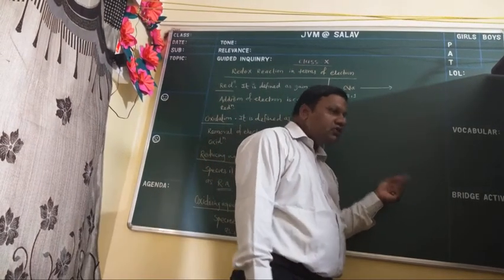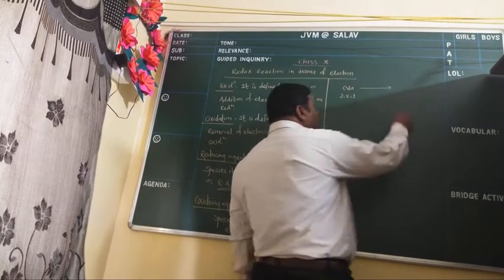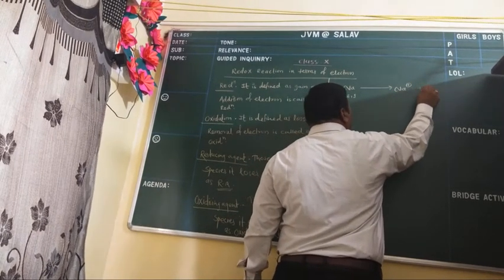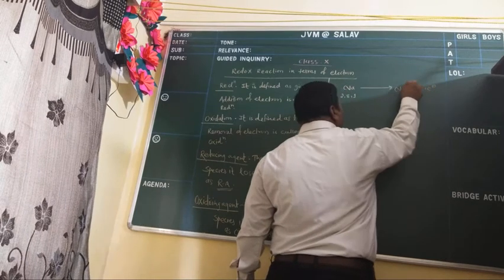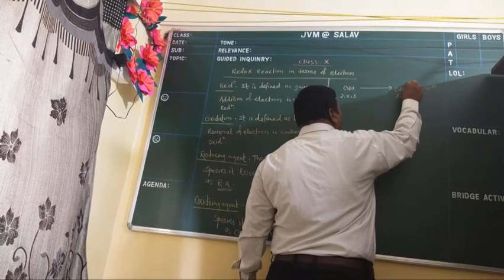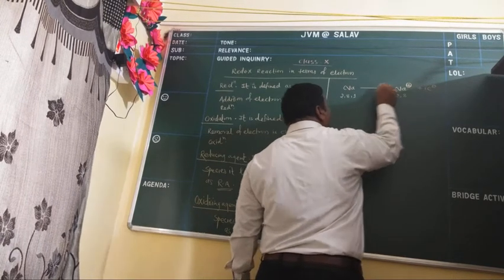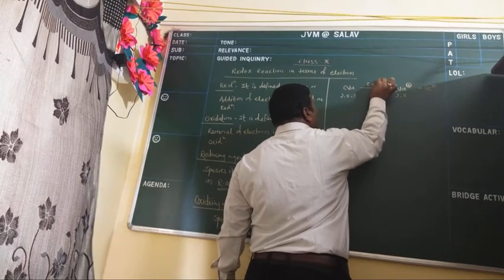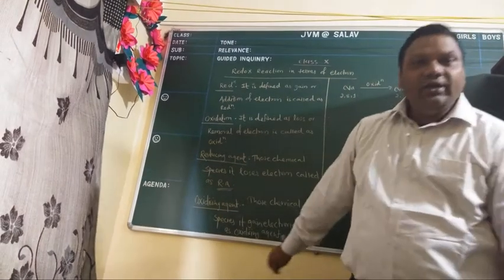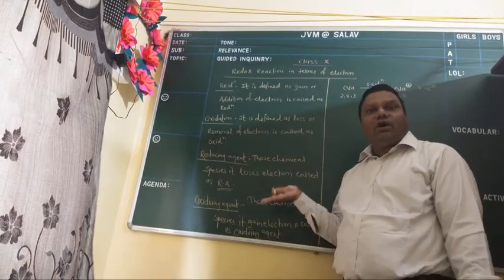So here sodium loses an electron, therefore it carries one positive charge. Understood? So when sodium loses an electron, it's called oxidation. Now you know very well why they lose electrons: because of completion of octet.